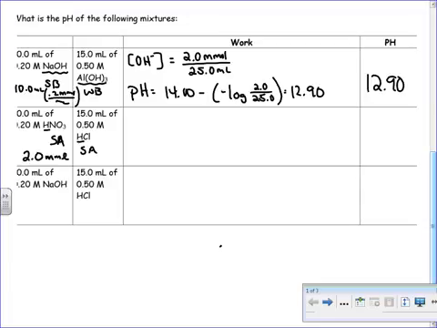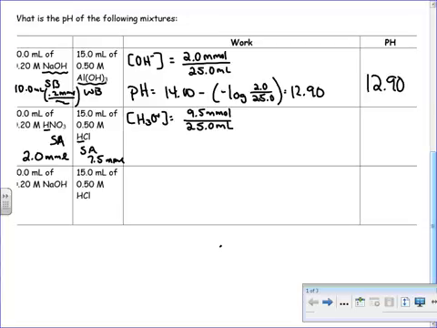15 times 0.5 is 7.5 millimoles. 2 significant digits because of the concentration. These are acids, so the concentration that we are acquiring here is the concentration of hydronium. 2 plus 7.5 is 9.5 millimoles of hydronium divided by the total volume, 25 milliliters.